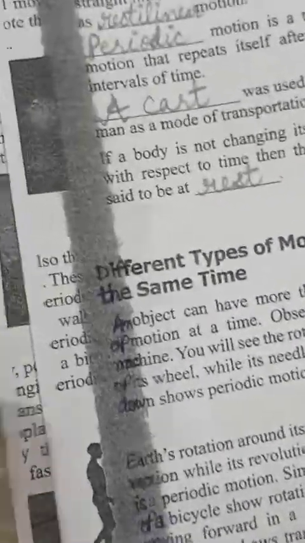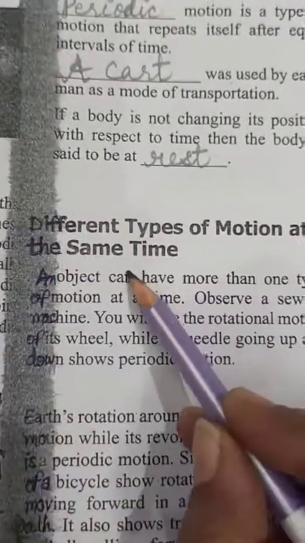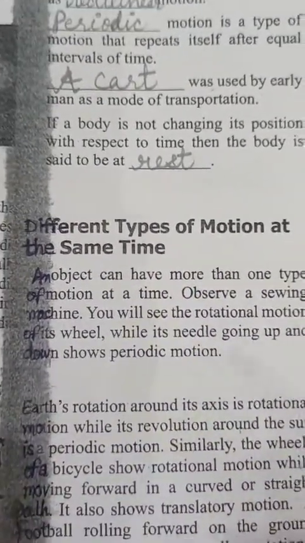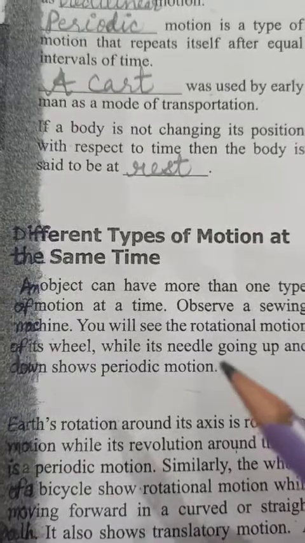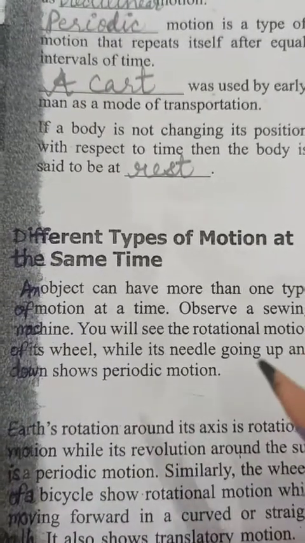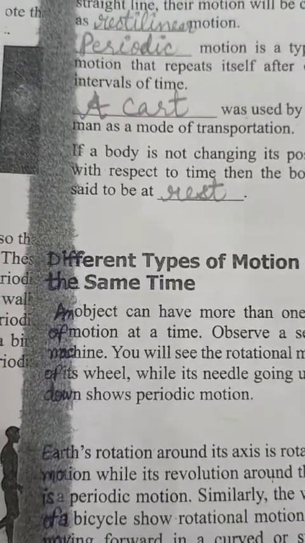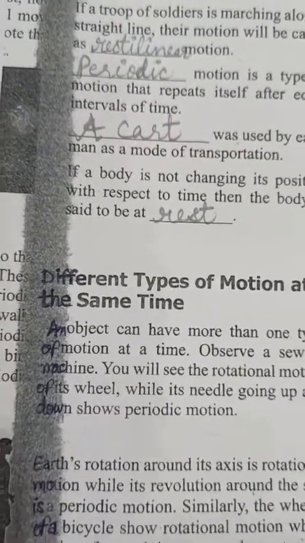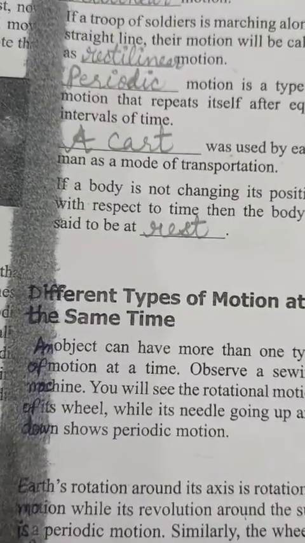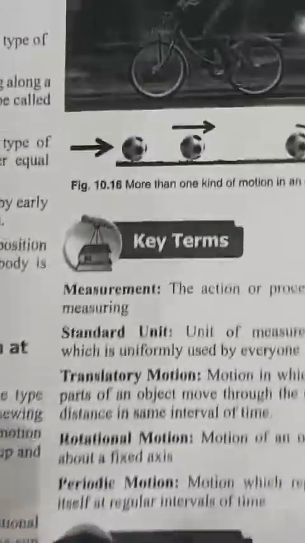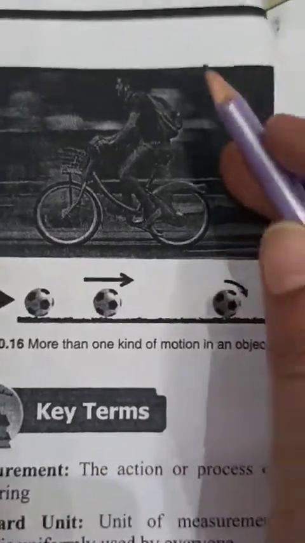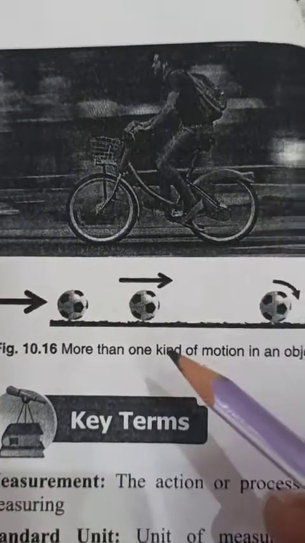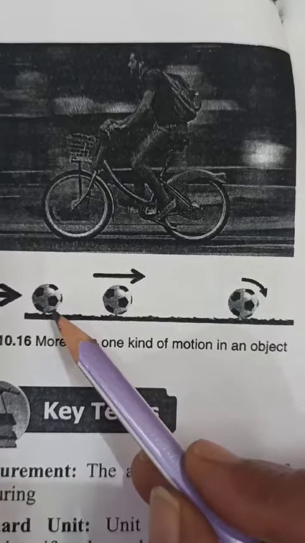So, children, after this, our last topic is about different types of motion at the same time. This also we can see in many things in our daily life, that we can see more than one kind of motion in a single object. So here two examples they have shown through this diagram or picture. You can see this football.